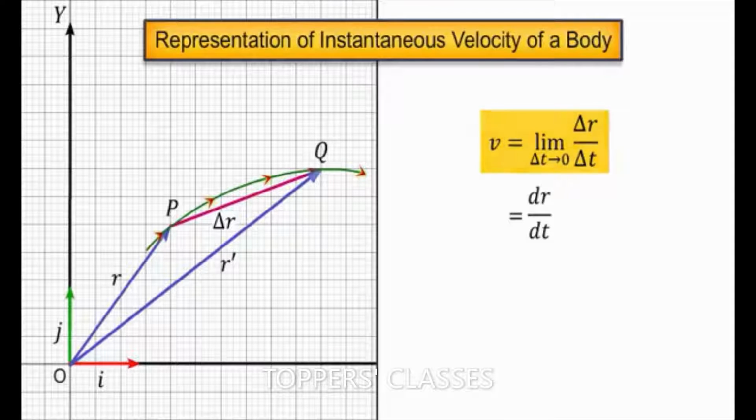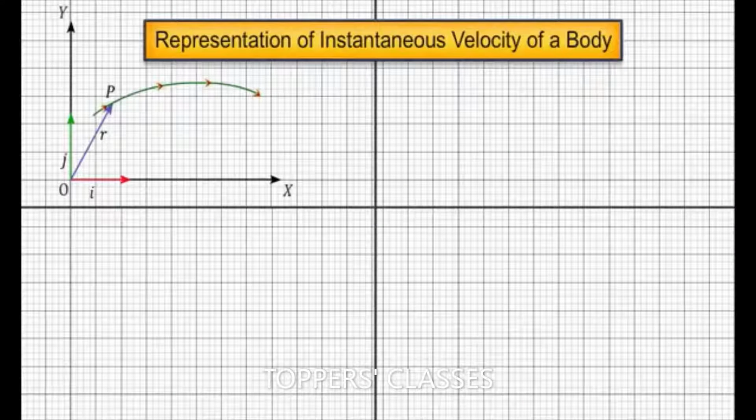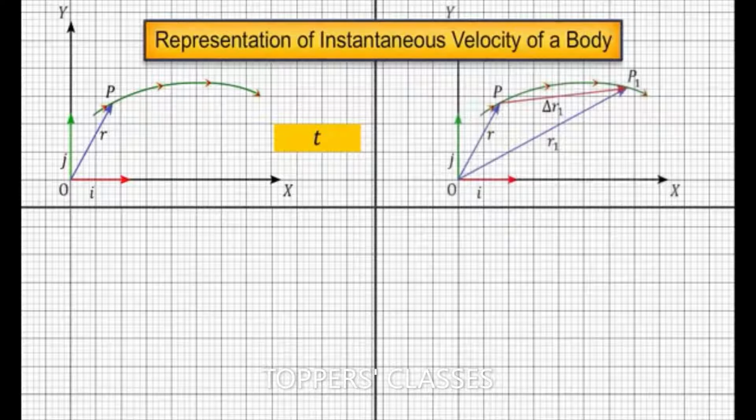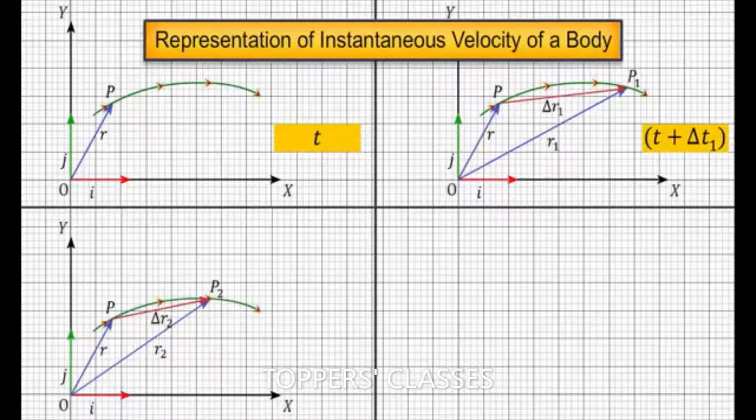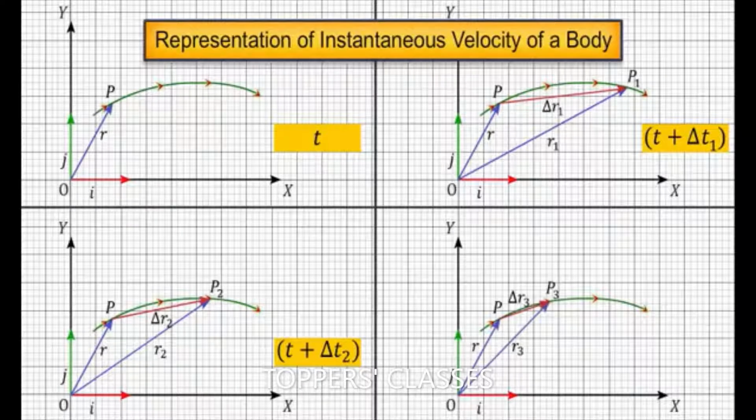When the body is moving along the curved path in the xy plane, it is at point P at time t, at point P1 at time t + delta t1, at point P2 at time t + delta t2, and at point P3 at time t + delta t3.